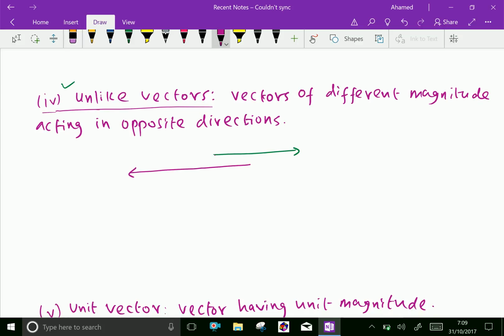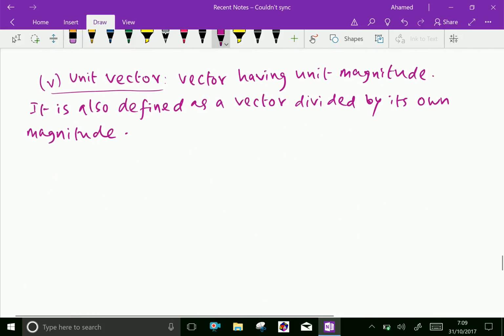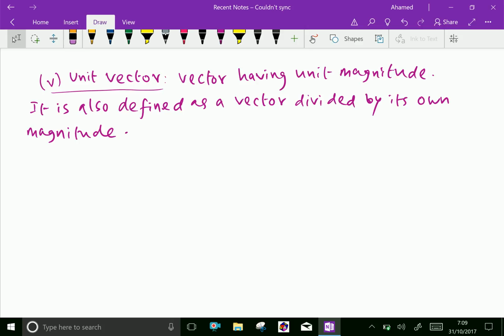So these are unlike vectors. Next is unit vectors. A unit vector is a vector having unit magnitude; it is also defined as a vector divided by its own magnitude. Consider this vector. Suppose it has 1 centimeter, another one, say 1 meter or 1 kilometer, whatever it may be. Here we are considering the length as the unit, 1 unit means 1 centimeter or 1 meter.